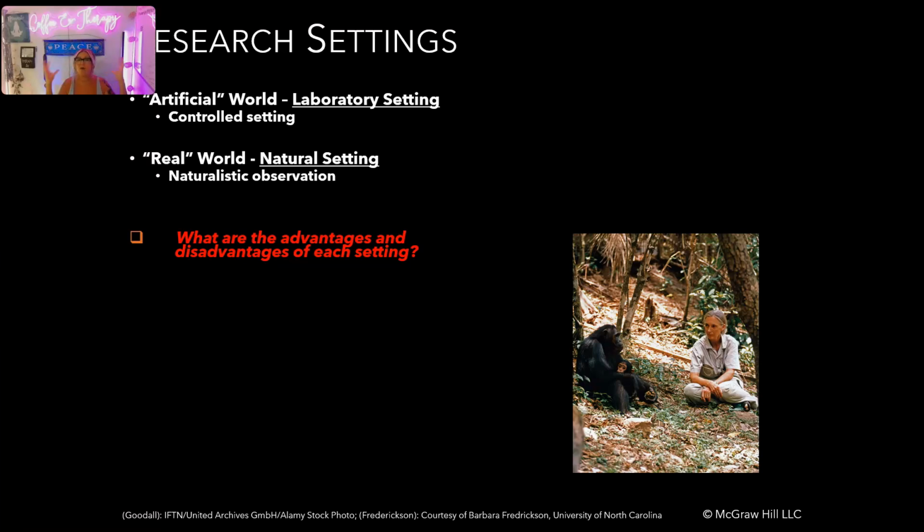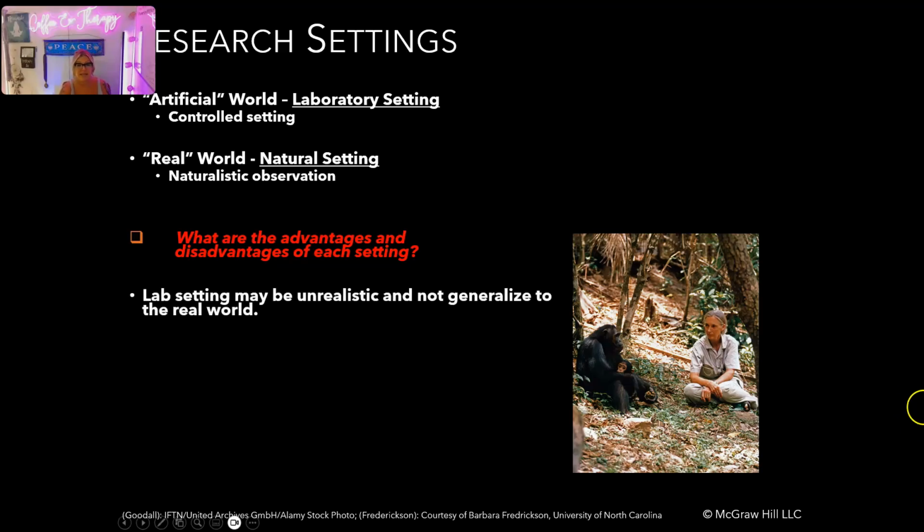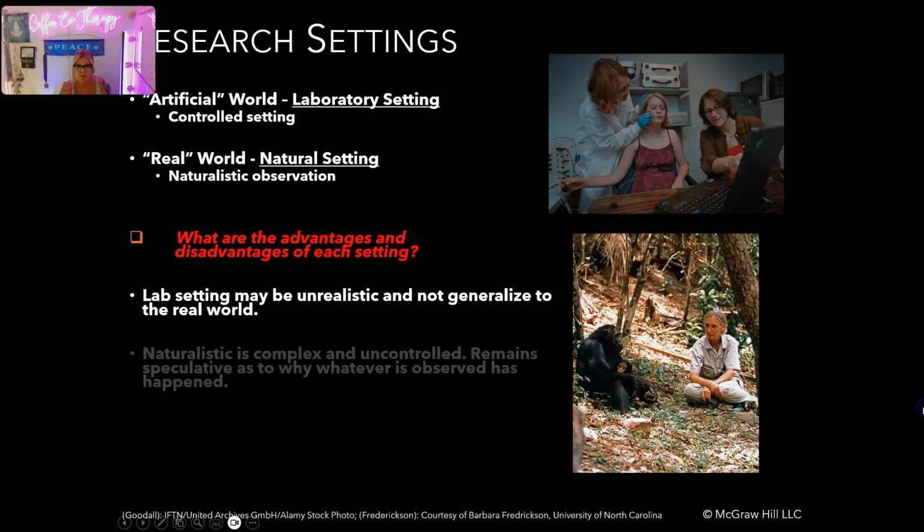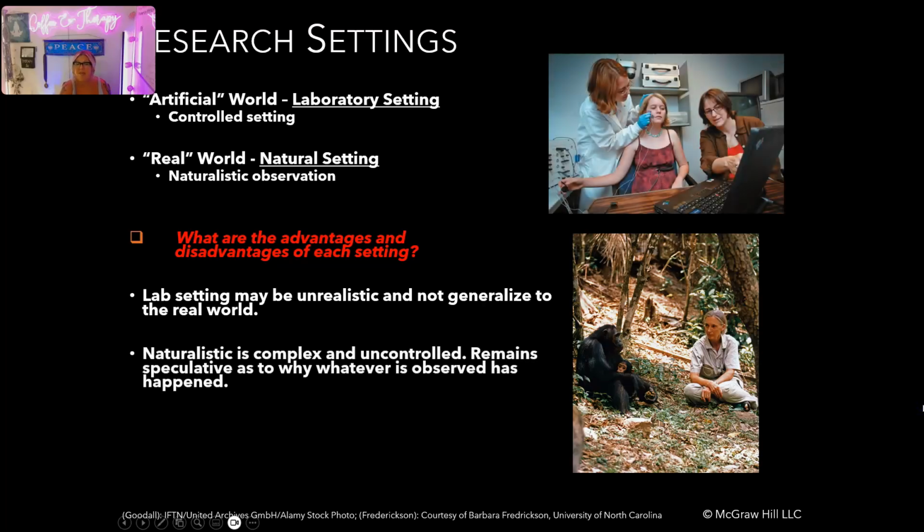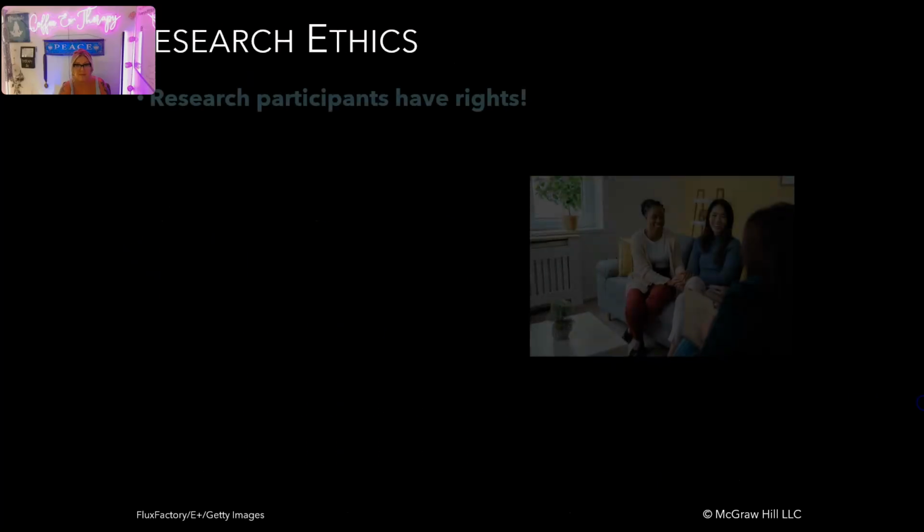You're going to have all kinds of control issues, environmental issues that are going to create both strengths and weaknesses. So lab setting may be unrealistic and not generalized to the real world. Why? Because it's in a lab. The naturalistic is complex and uncontrolled, remains speculative as to why whatever is observed has happened.